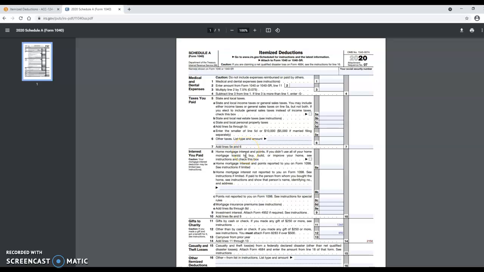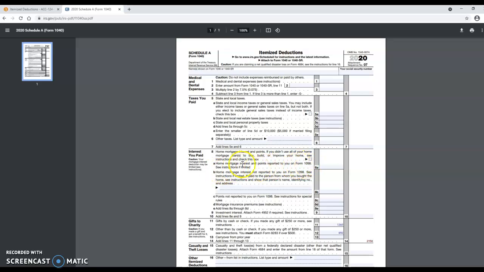So that interest and the points are all going to be given to you if it's a financial lending organization, a bank, something like that, where you got the mortgage. It's going to be given to you on Form 1098. So here's letter A, 8A, the home mortgage interest and points that are on Form 1098.